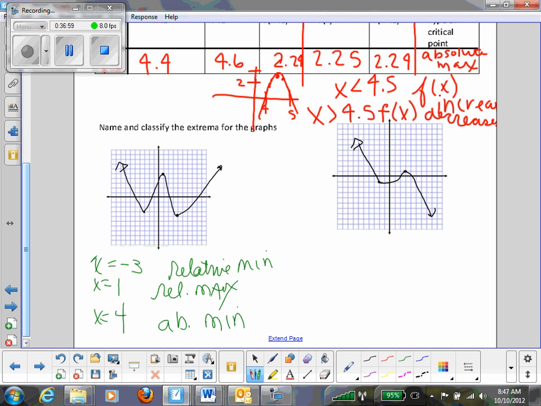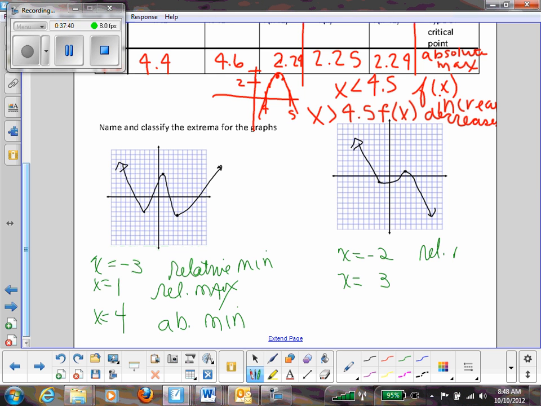Okay, you try the next one. Okay, so at x equals -2, Megan, what do I have?